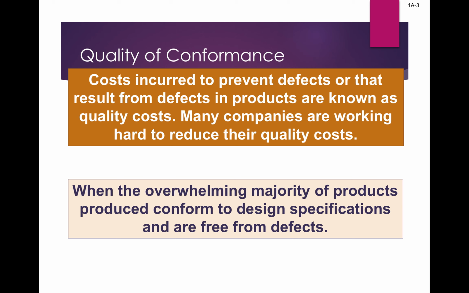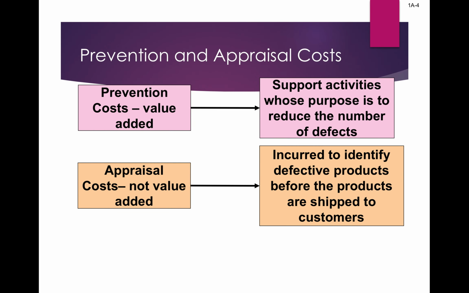The overwhelming majority of products produced conform to design specifications and normally are free from defects. So the prevention and appraisal costs are costs that we incur to reduce defects, both those that are caught inside the plant, and external failures, which are ones that occur outside the plant.